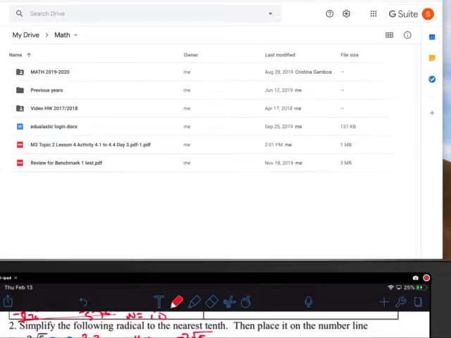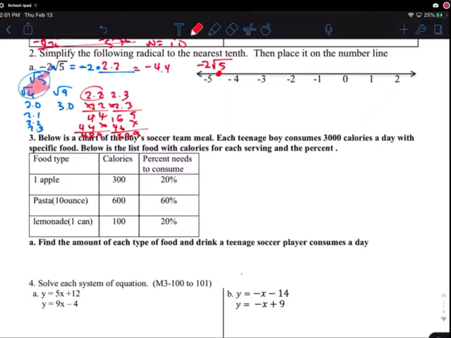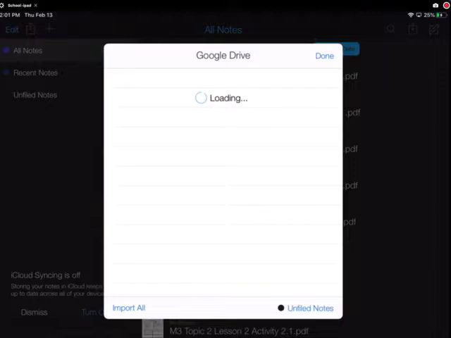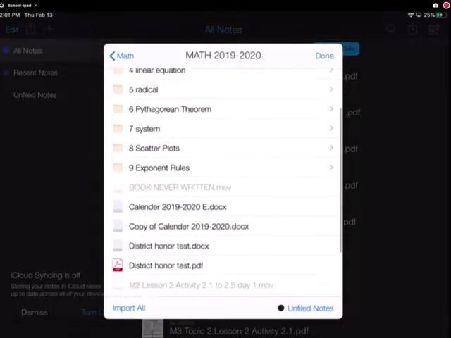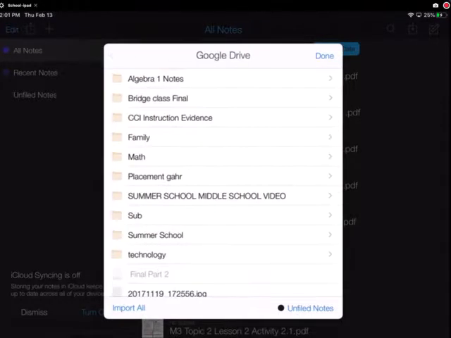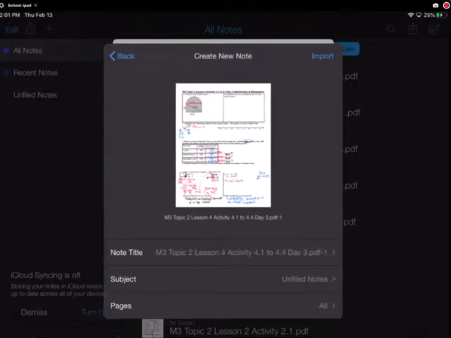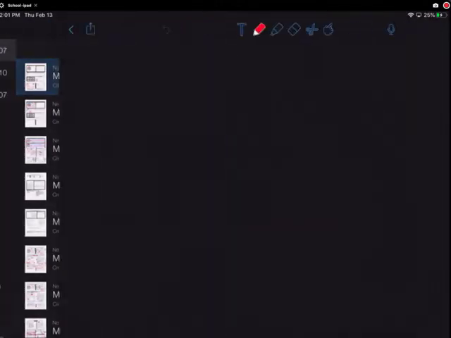And then I need to download the ones I've done work on so I don't have to redo every single thing again. It'll take me forever if I don't do this. Where is it? Under math? Oh, here it is. Okay, right there. I need to download that. New notes, import. All right. We'll do that.